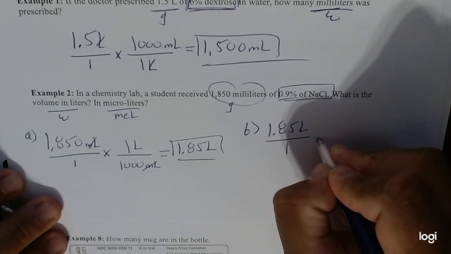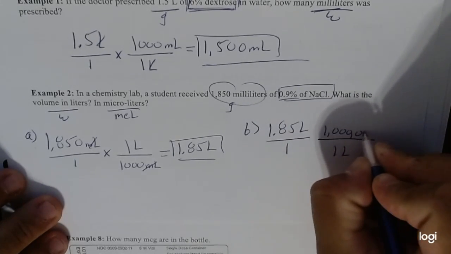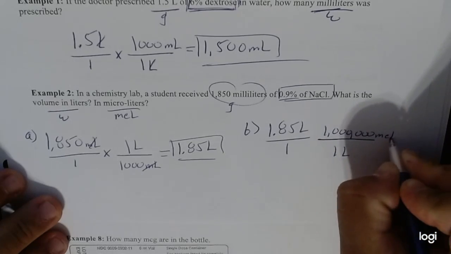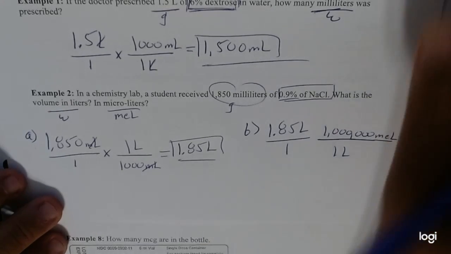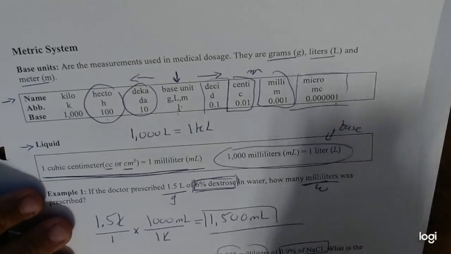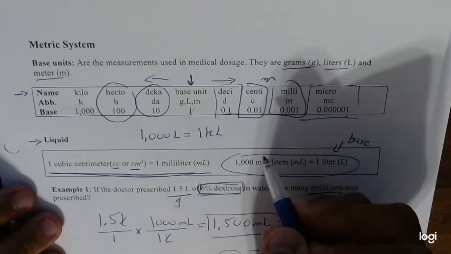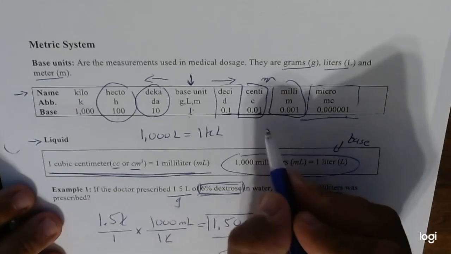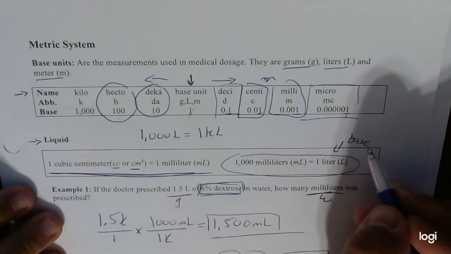And now for every 1 liter, there are 1,000,000 microliters. Now, if you wonder how you know it's 1,000,000 and not like 100,000 or something, well, remember, you always have to go back to the rounding rules. This is the tens place, hence why it's called deci. Hundreds place, centi. Thousands place is milli. And what place value is this 1 in?